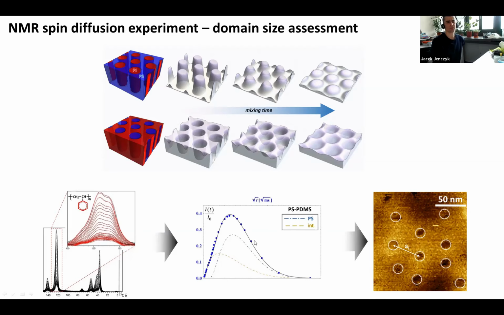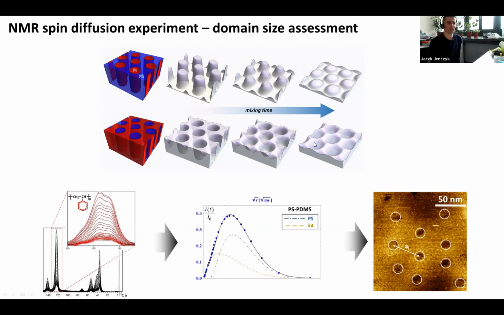Of course, we also have to take into account the spin-lattice relaxation, because both of these phenomena take place simultaneously. So we have spin diffusion, and on top of it we have separately the spin-lattice relaxation.